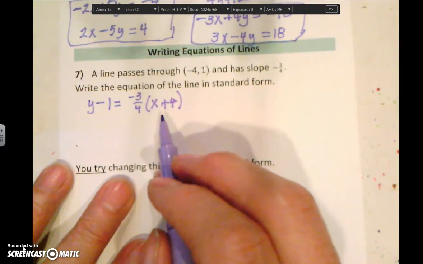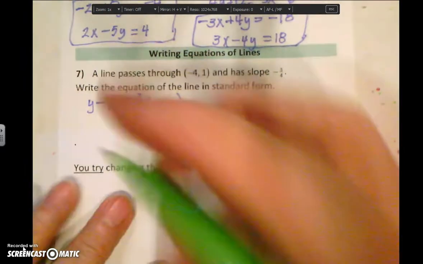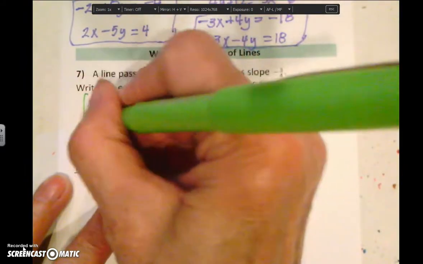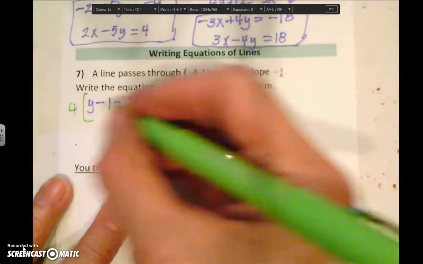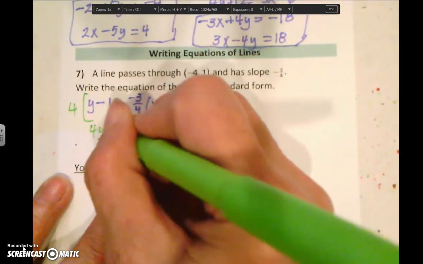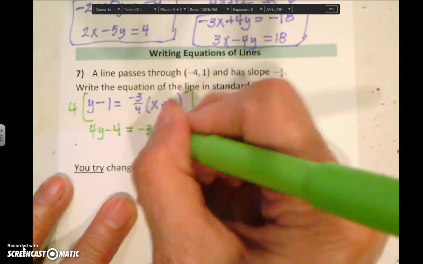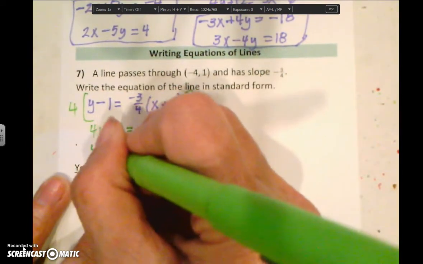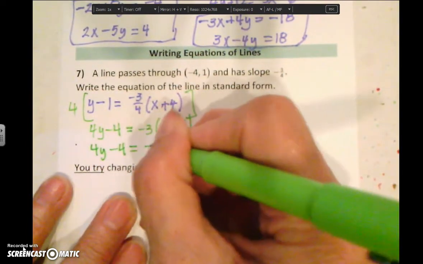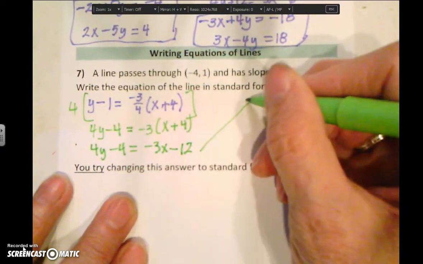Now I want to take this and change it into standard form. So to do that, I need to get rid of my fraction. So I'm going to multiply through everything by a 4 and get 4y minus 4. And the 4's cancel. It gives me negative 3 times x plus 4. So 4y minus 4 is equal to negative 3x minus 12.